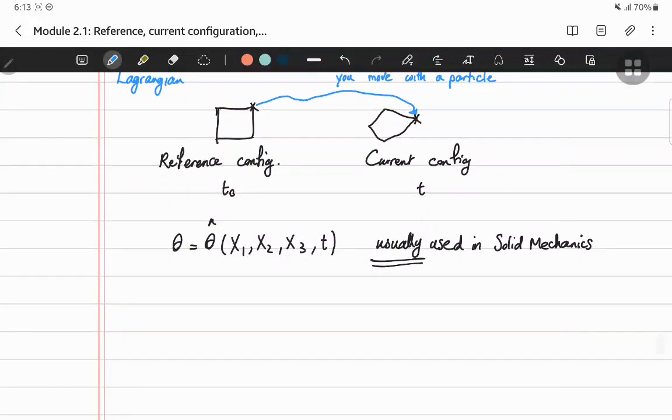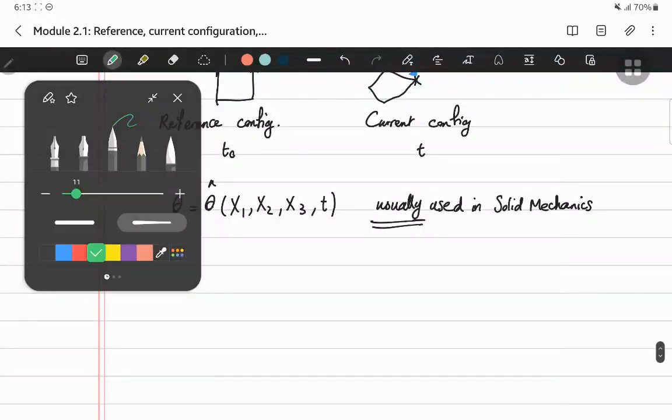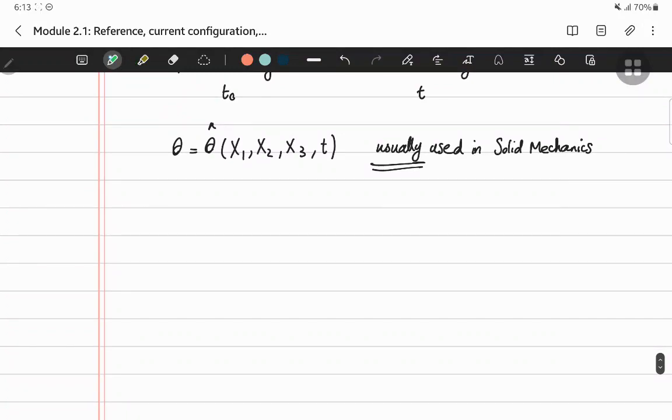But if you have, let's write it like this. So if you have maybe this one.